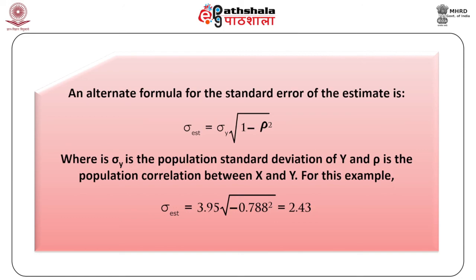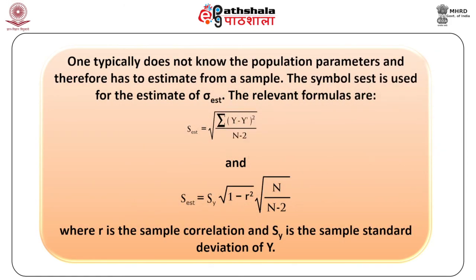For this example, sigma est equals 3.95 multiplied by under root 1 minus 0.788 whole square, which comes out to be 2.43. One typically does not know the population parameters and therefore has to estimate from a sample. The symbol S est is used for the estimate of sigma est.